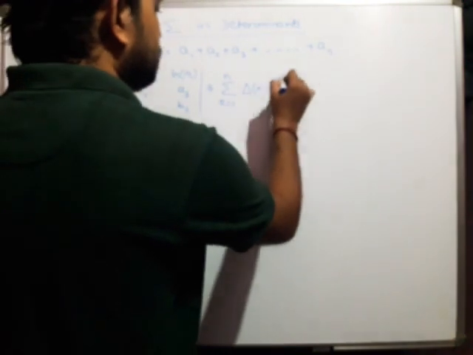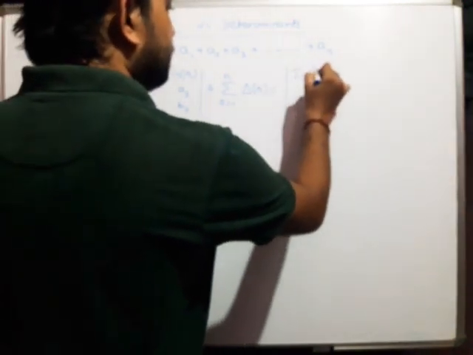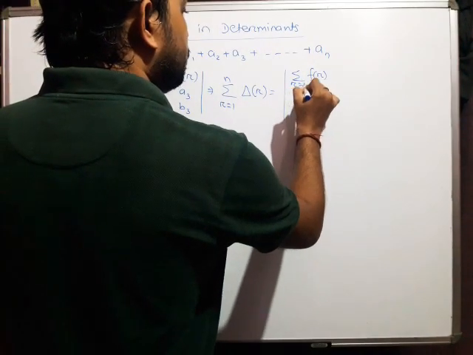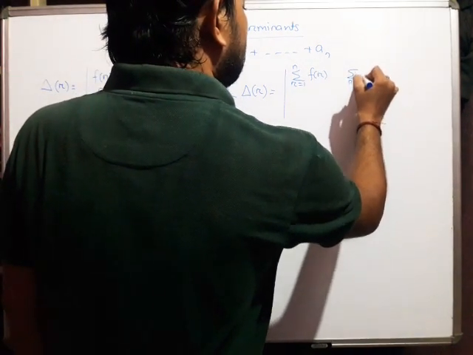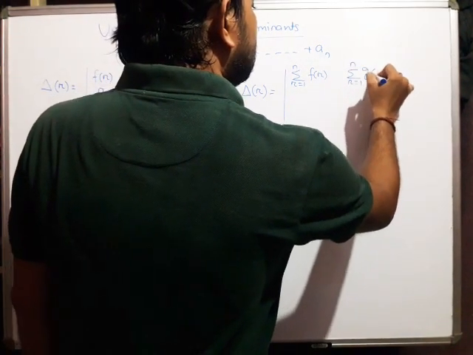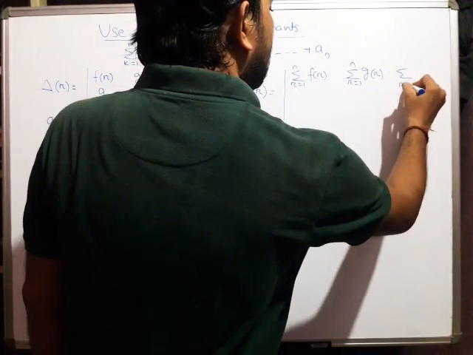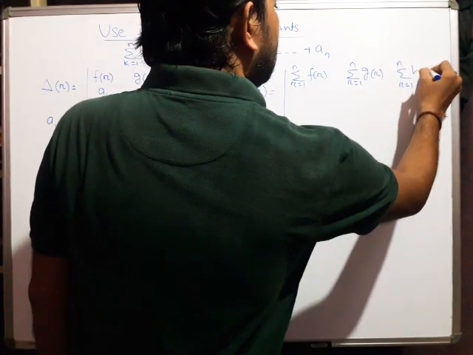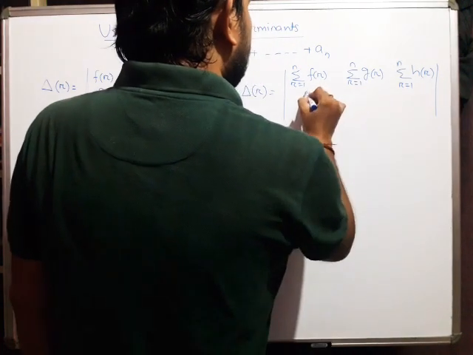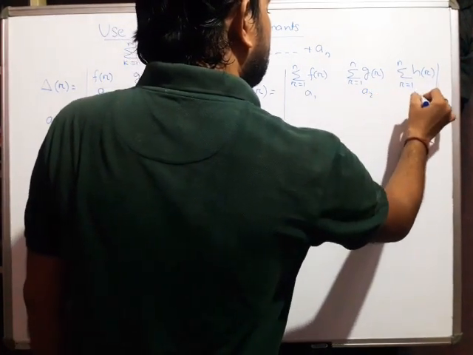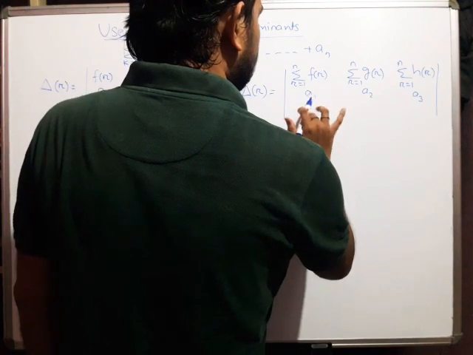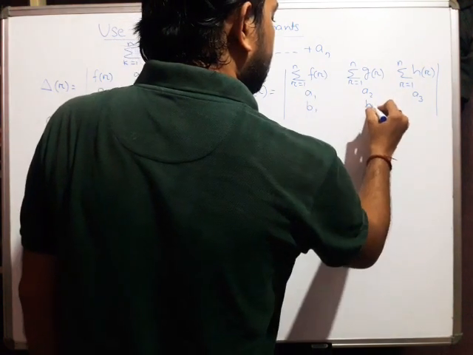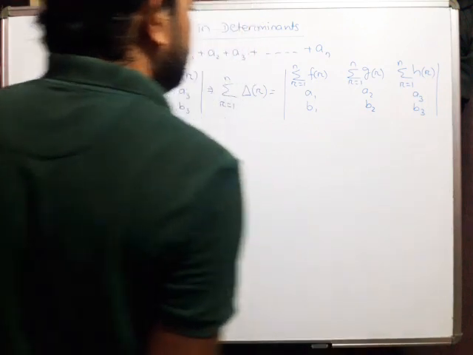So this will be equal to summation of f of r from 1 to n, next summation of r equals 1 to n, g of r, next r equals 1 to n, h of r, and a1, a2, a3, b1, b2 and b3.